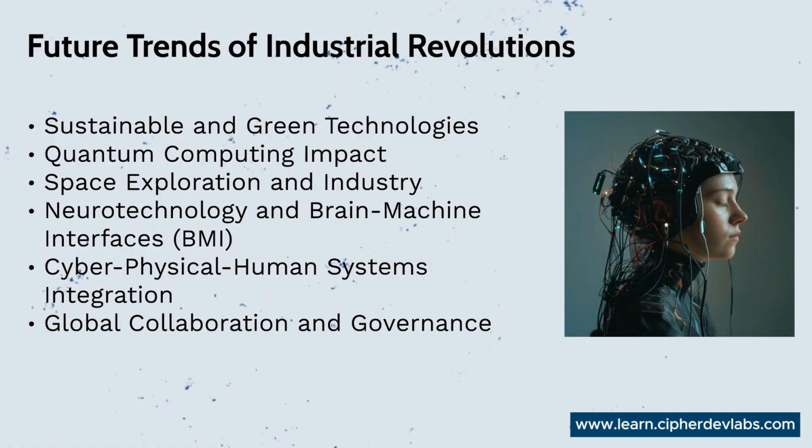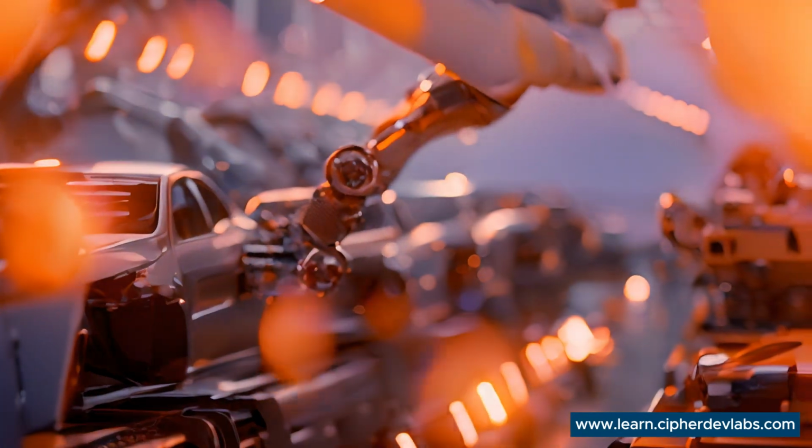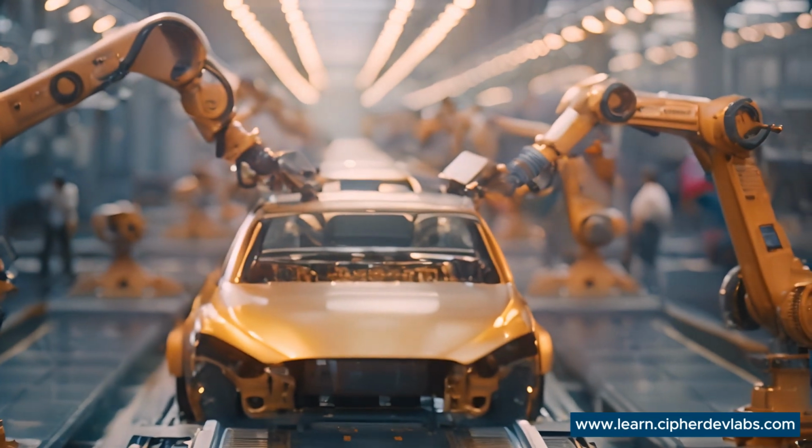Then there's also cyber physical human systems integration. So future industrial revolutions may emphasize even deeper integration between the cyber, the physical, and human systems. This could lead to the development of more sophisticated cyber-physical systems, or CPS, that seamlessly blend the capabilities of technology with human intervention and creativity.